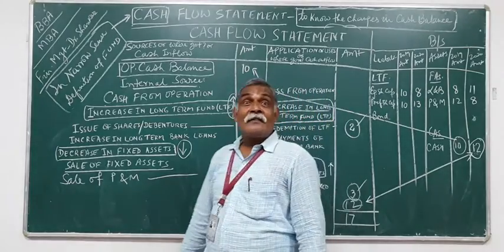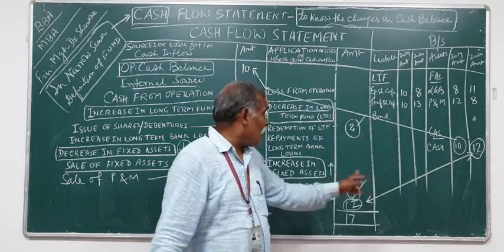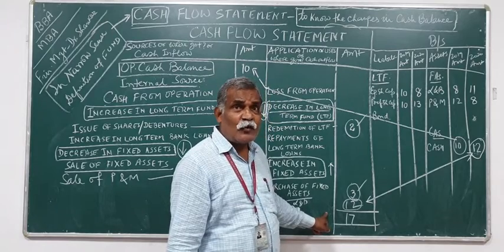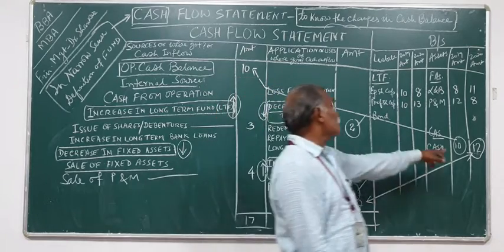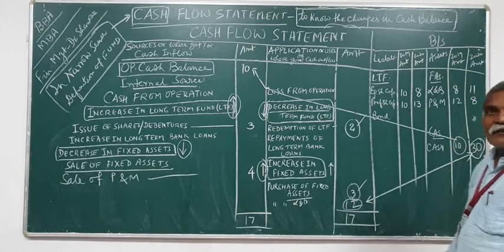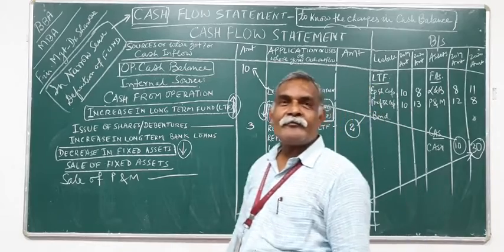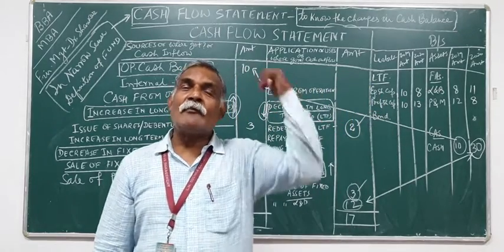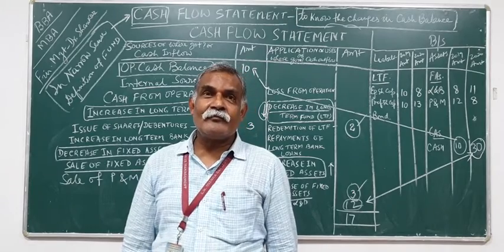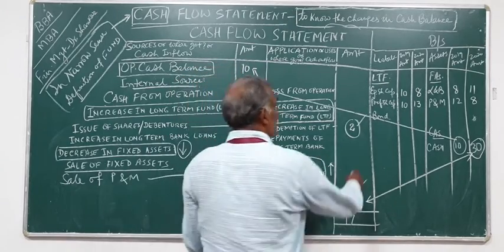So if the amount you are calculating in the cash flow statement and the amount here differ, suppose it is 30 rupees, it means you have committed some mistake at the time of preparing, maybe cash from operation, maybe fund from operation. It means your answer is wrong.